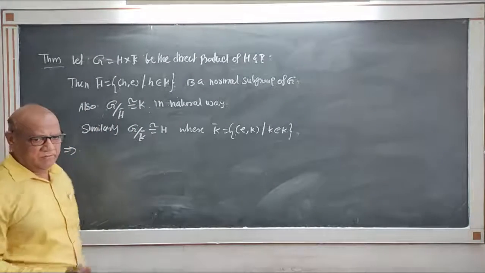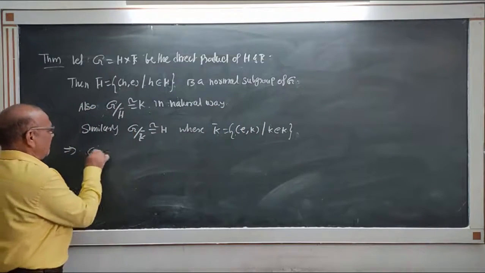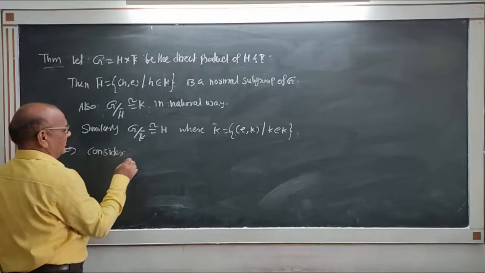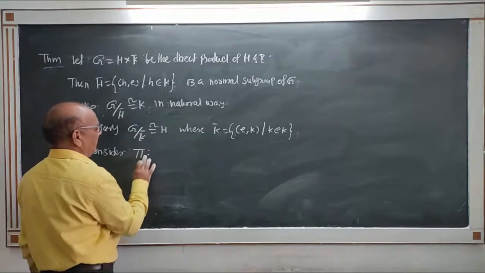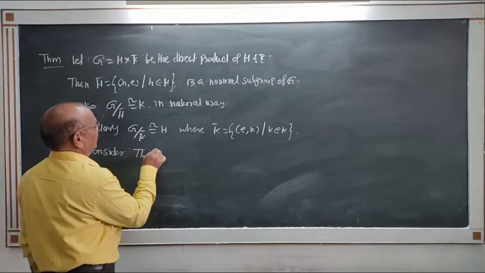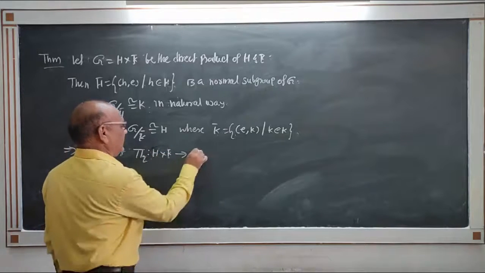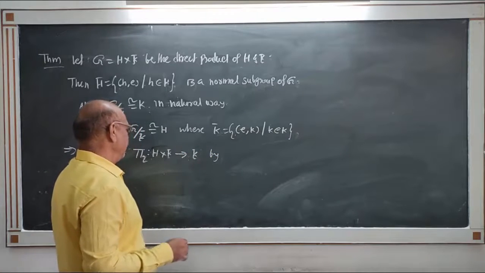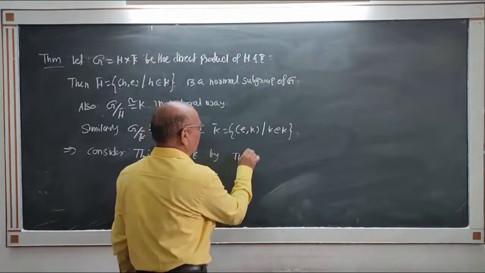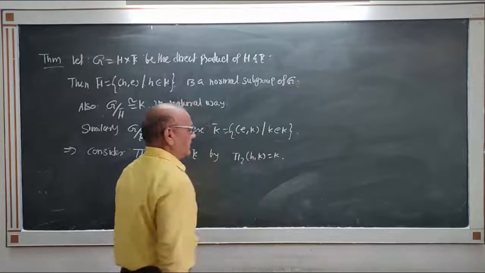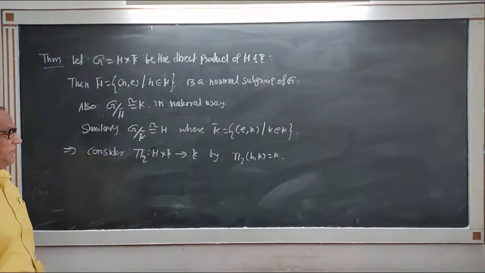Now, define a homomorphism map. Consider the map phi 2 from H cross K to K, defined by phi 2 of (h, k) equal to k. Clearly this map is a homomorphism.